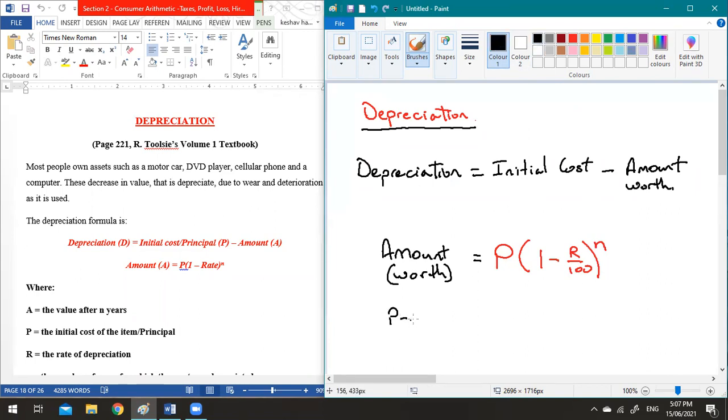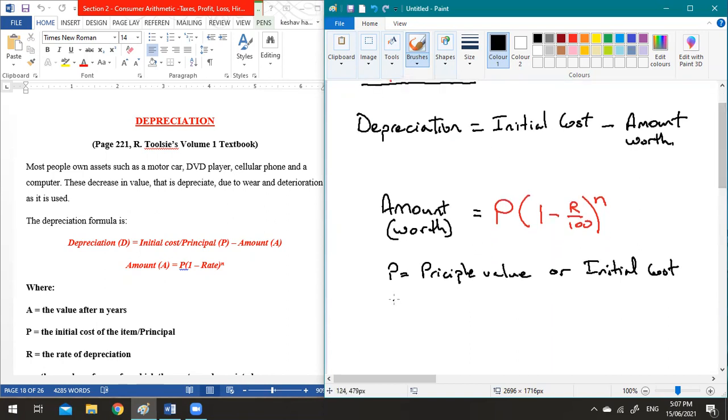So P is the principal value or the initial cost, right?